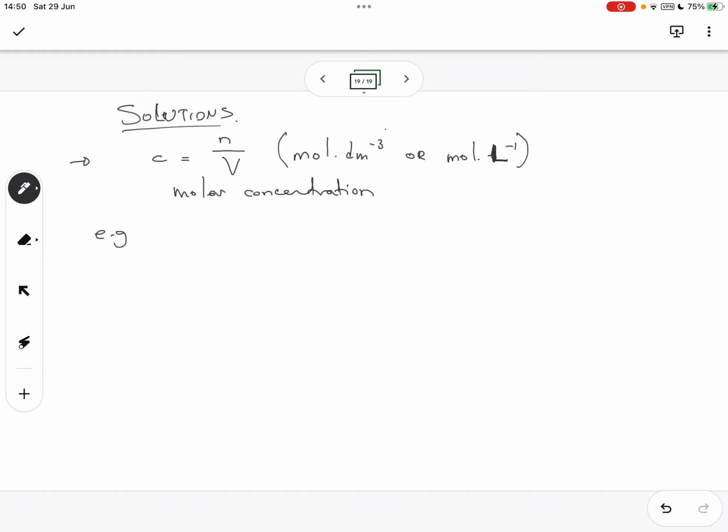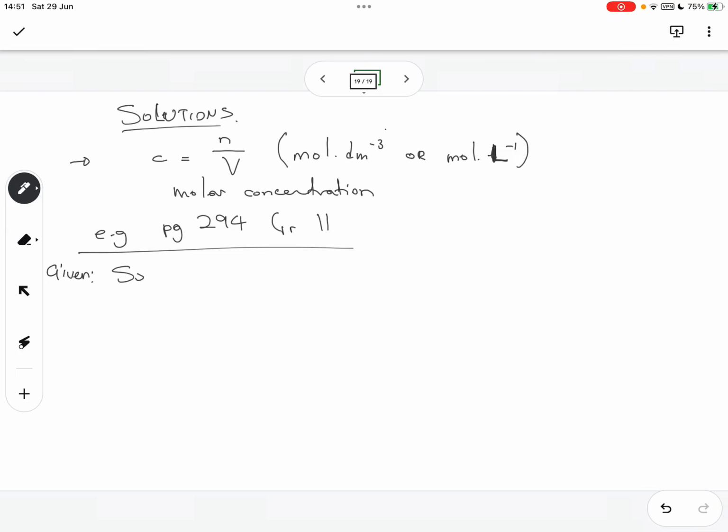So on page 294 of our grade 11 book, if we are given sodium chloride, the concentration works the same whether it's for a gas or for a substance that you dissolve in water. The concentration, we work it out the same. It's always going to be a molar concentration, and it's number of moles per liter or moles per dm cubed.